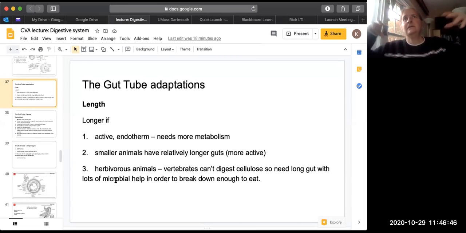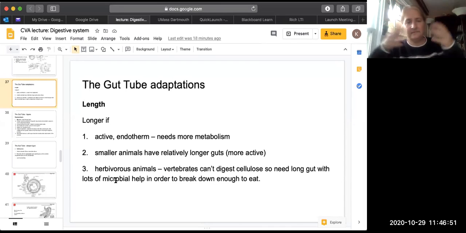So you have to have this long gut tube, evolution of teeth and microbes and all sorts of things. So carnivores are more of the ancestral type, if we wanted to put them in a category, and herbivores require more derived features.